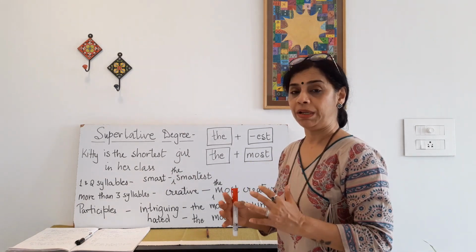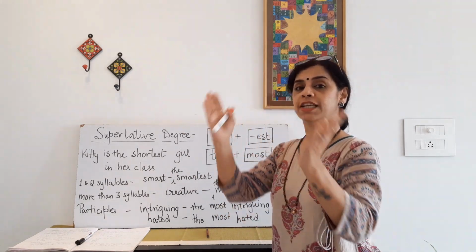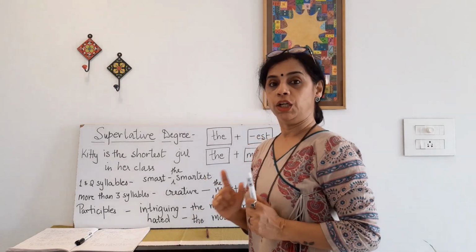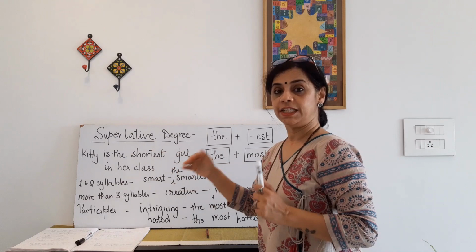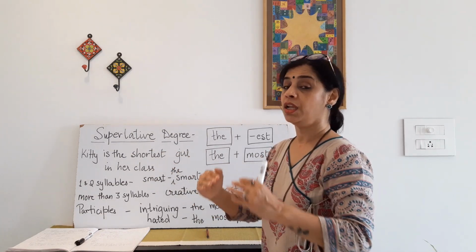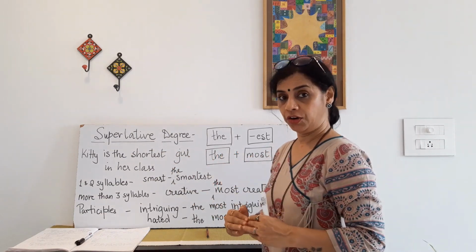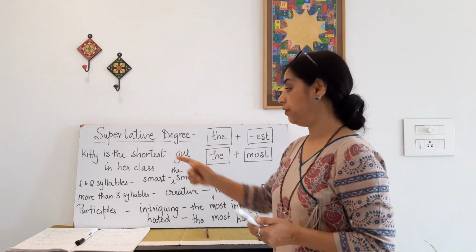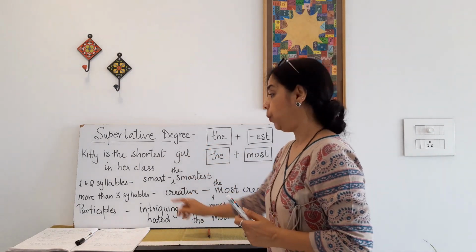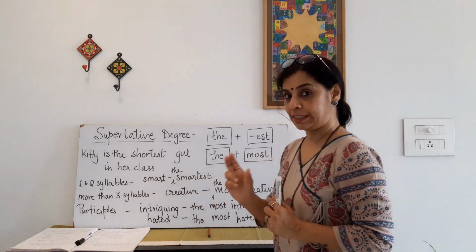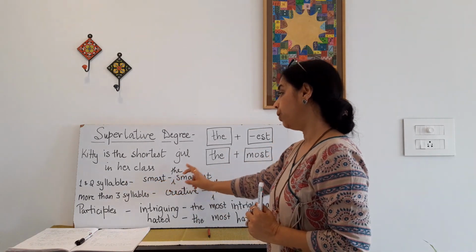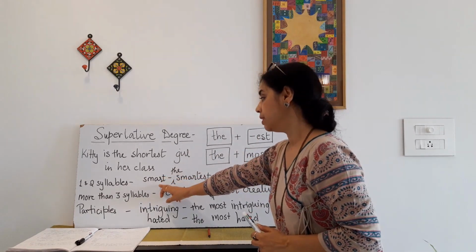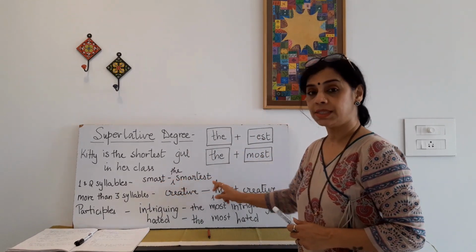Now in the superlative you compare to an entire group. So in the group, Kitty is the shortest. There is no one shorter than her. The same rule applied in the comparative applies here. When there are 1 or 2 syllables in the word, then you have the EST. Smart, the smartest.